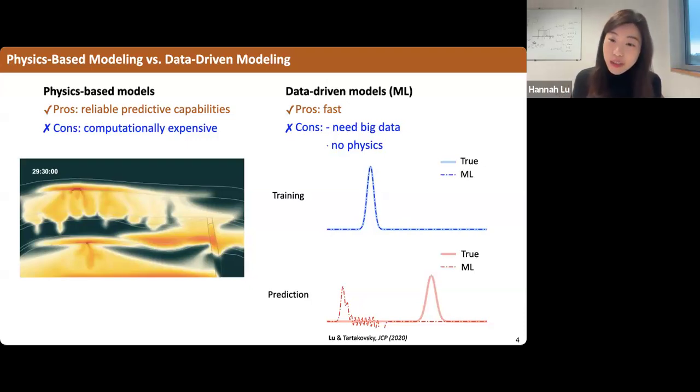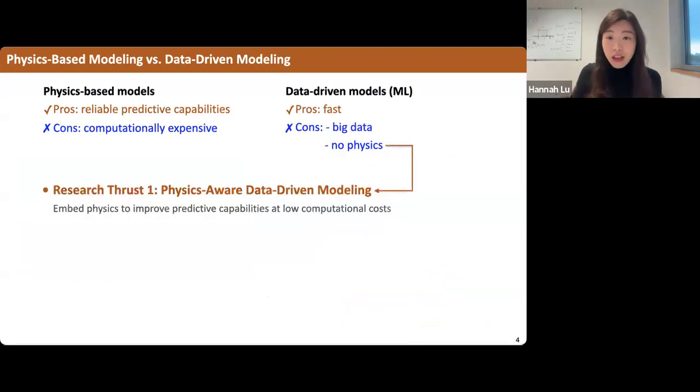There are many attributes and challenges in this interdisciplinary area of using machine learning in complex physical systems.